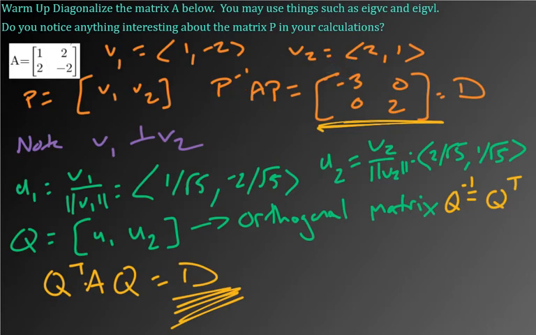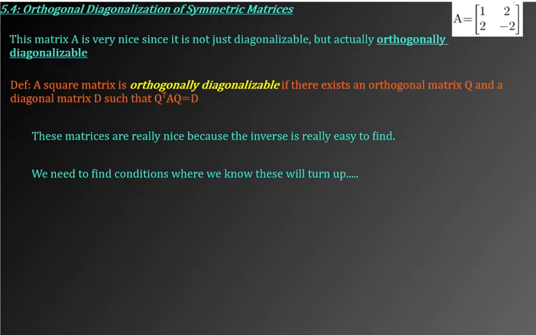So it's very reasonable to want to know under what conditions we can do this diagonalization versus the standard diagonalization that we're used to. That's what we're going to talk about today.